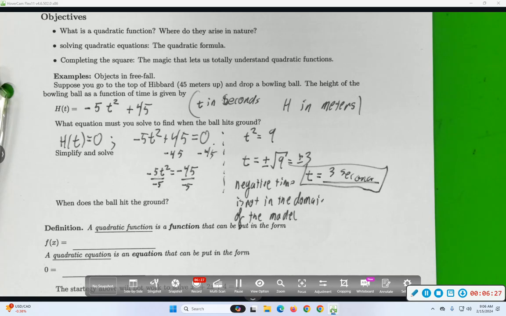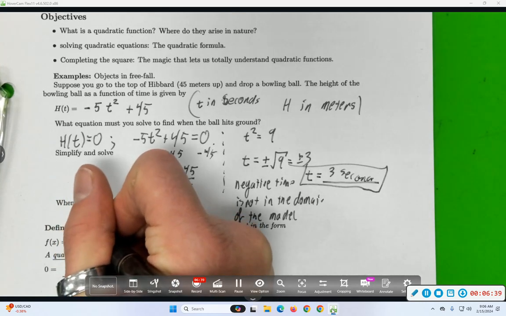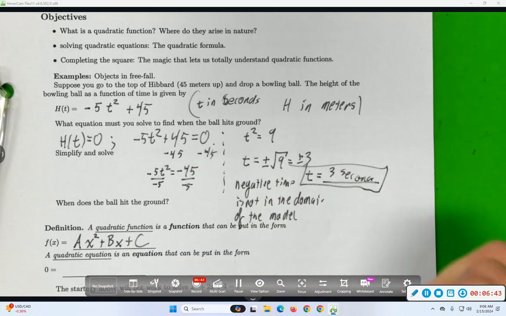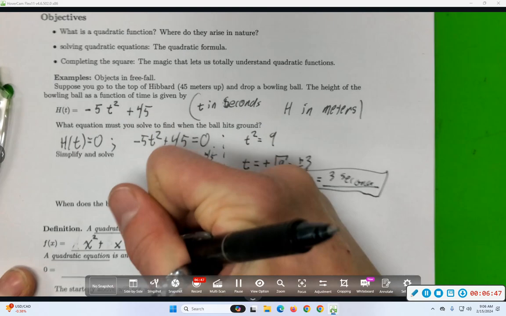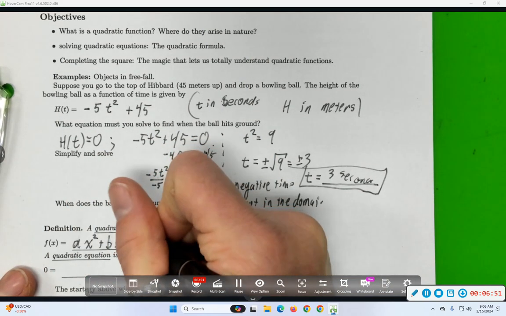So now I'll wax a little bit abstract. What's a quadratic function? A quadratic function is something like the function that we just studied. A quadratic function is any function of the form a x squared plus b x plus c, with a, b, and c constant. It's technically fine to use uppercase letters there, but I'm going to use lowercase letters for reasons that might become clear later.